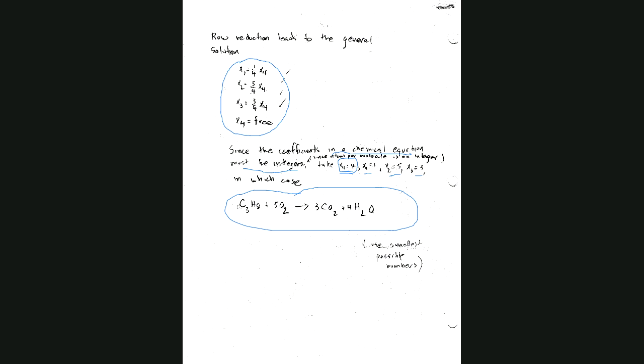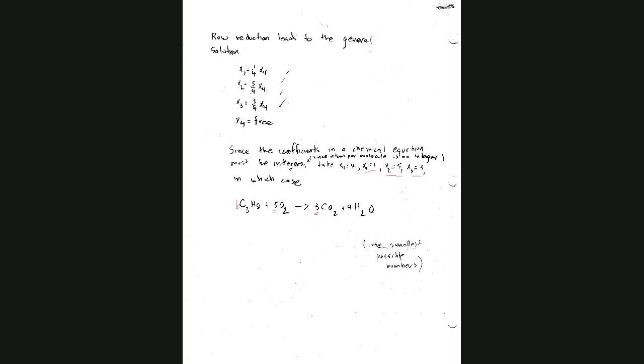The final answer then, x1 was 1, so I'm going to put a 1. Let me just clear this. So a 1 goes in front of the propane molecule. x2 is 5, so a 5 goes in front of the oxygen molecule. x3 is 3, so 3 goes in front of carbon dioxide.